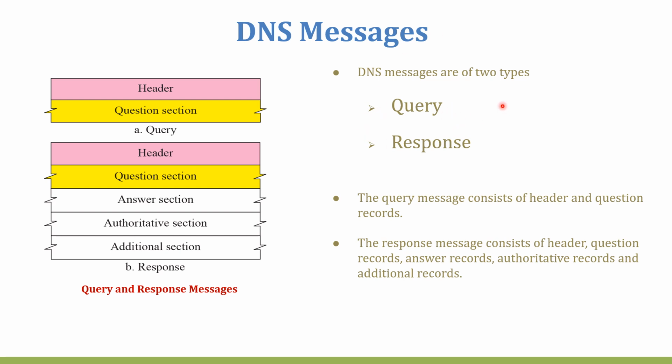DNS query messages: a client sends a query message to a DNS server asking for the IP address corresponding to a domain name. The DNS server responds with a response message that either contains the requested information or an error if the domain is not found. Both the query and response messages have the same structure, divided into several sections.